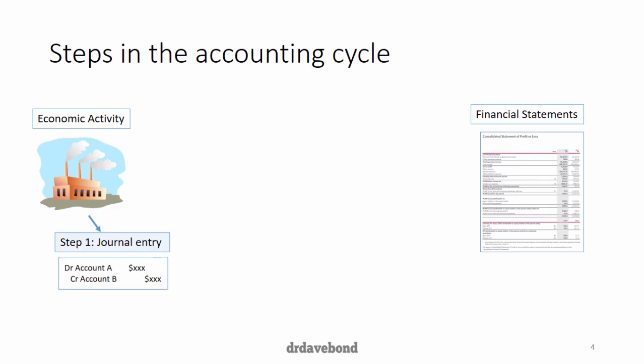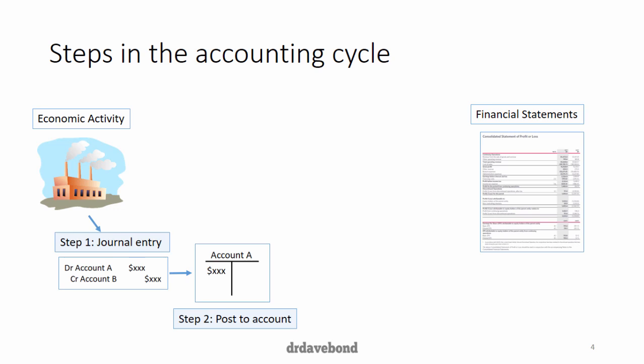Now, to get to that point, the first step is the journal entry, and in that we debit account A a certain amount and we credit account B a certain amount. We'll talk to these in a little bit more detail in a few moments' time. The second step is we take that information from step 1, from the journal entry, and we post it to the relevant account.